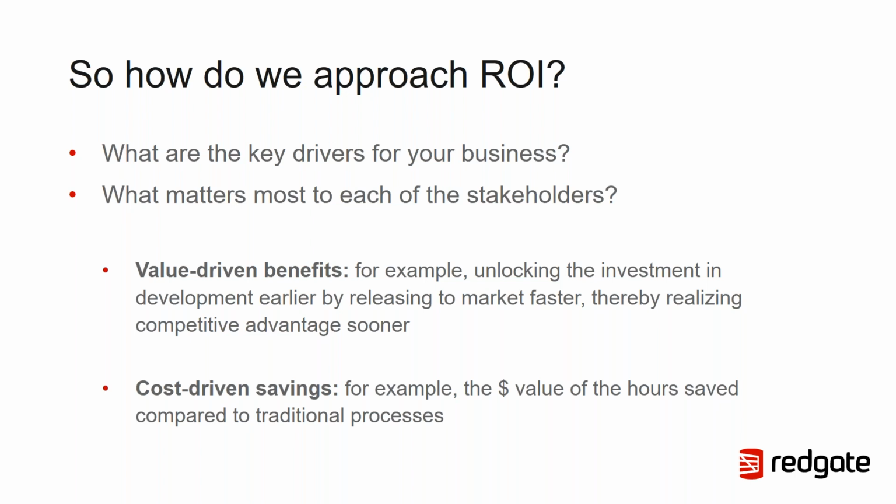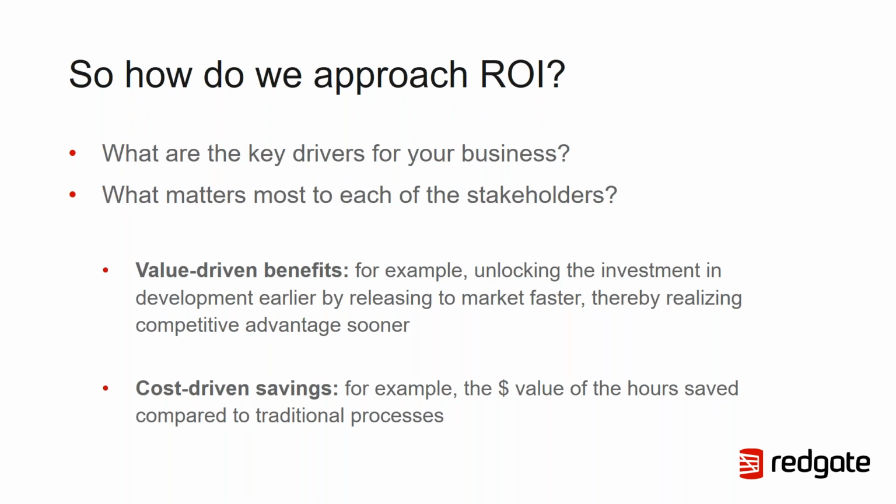So we might have value-driven benefits. The example that we've given here is that it might make it possible to unlock investment into development earlier by releasing to market faster, and therefore we get that competitive advantage that we were talking about. I mentioned if we can do 46 times more frequent releases, then we get 46 more goes than our competitors.